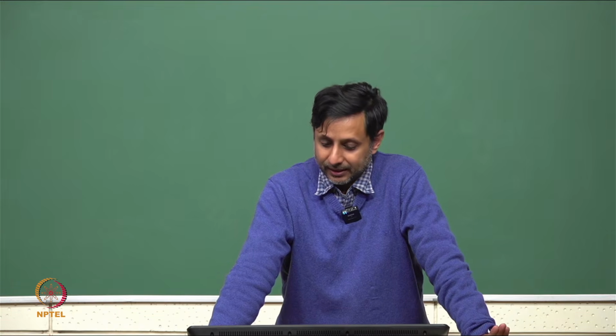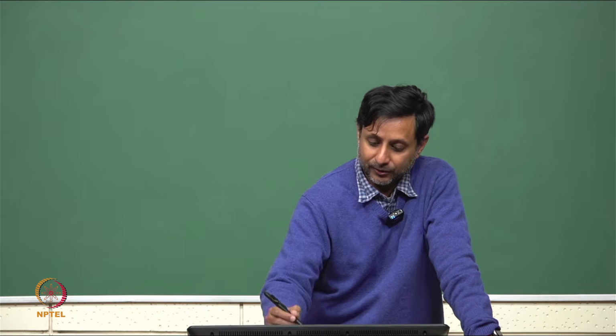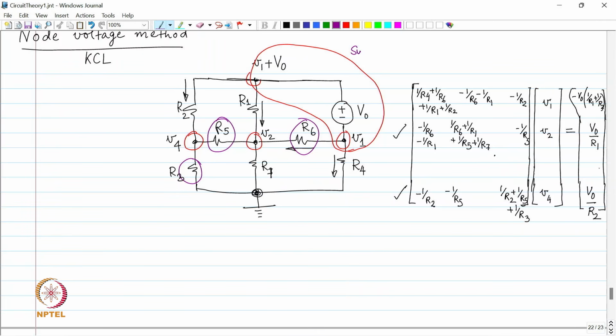Any questions so far? The node voltage method is okay, the way I have combined nodes is okay. This is called a super node, just by the way. If someone asks what you did, describe the method: you are going to say I am making a super node.